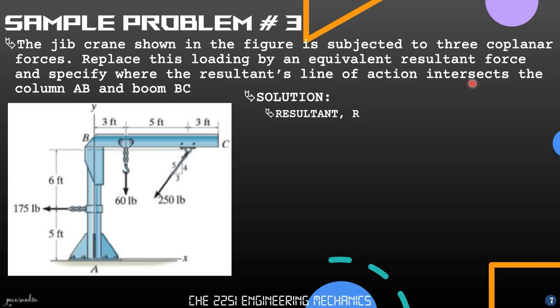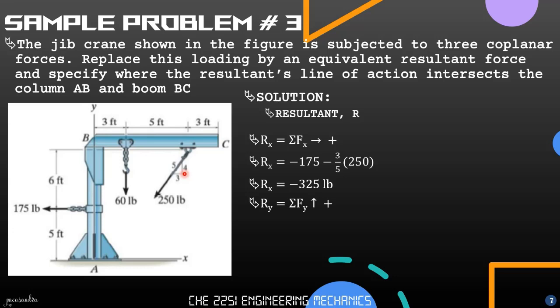So we solve for the resultant using our summation of forces. So we start with x-axis, to the right positive, so we will have Rx is equal to negative 175 minus 3 over 5 of 250, giving us negative 325 pounds.